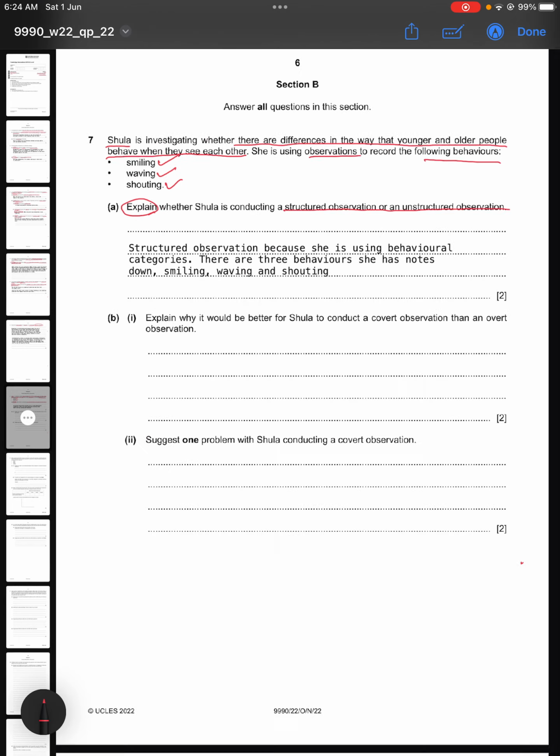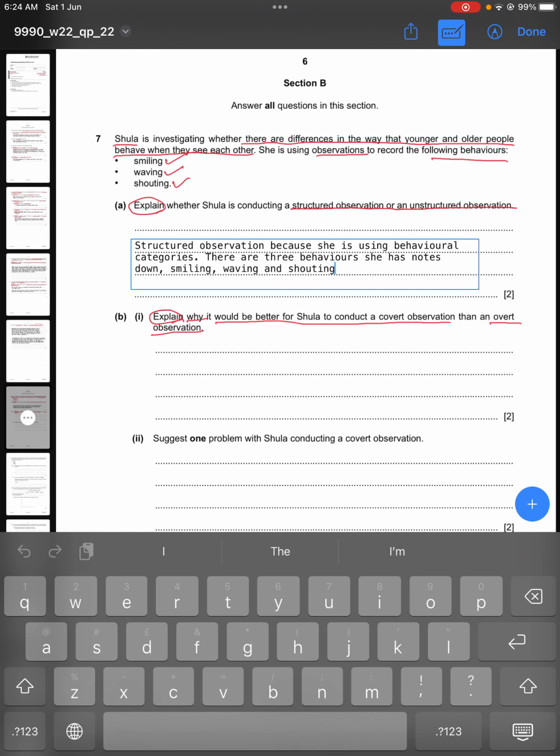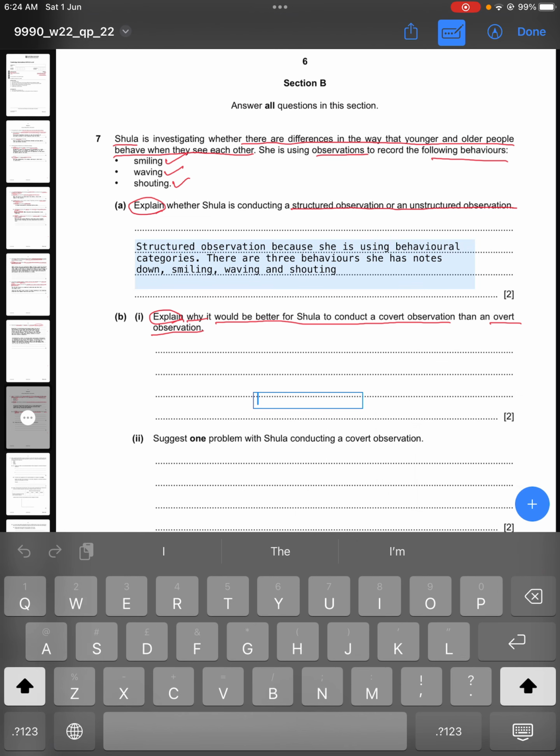And then part B says, explain why it would be better for Shula to conduct a covert observation than an overt observation. So again, you just need to write the advantages of covert observation and then compare it with overt observation.